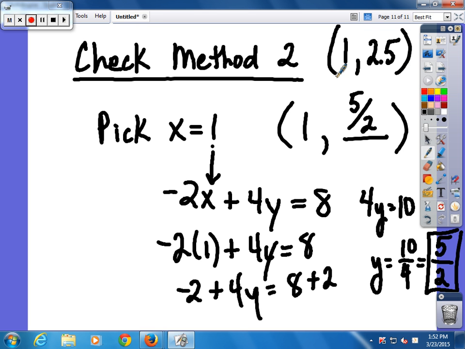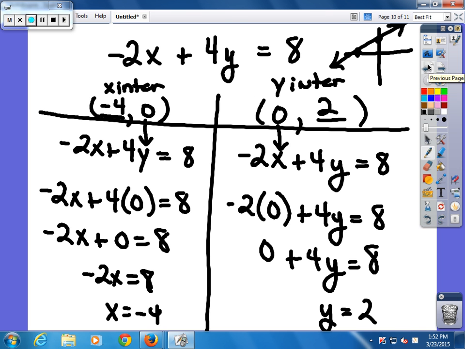So you go back to your handy dandy graph, which that's why graphing paper is so important, because you can't check method 2 unless you have graphing paper because it's so accurate. You got to check it real close. So you go back to your handy dandy, and 1 is going to be 2.5. Well, there's 2, so 2.5 will be right in there. So let's check.